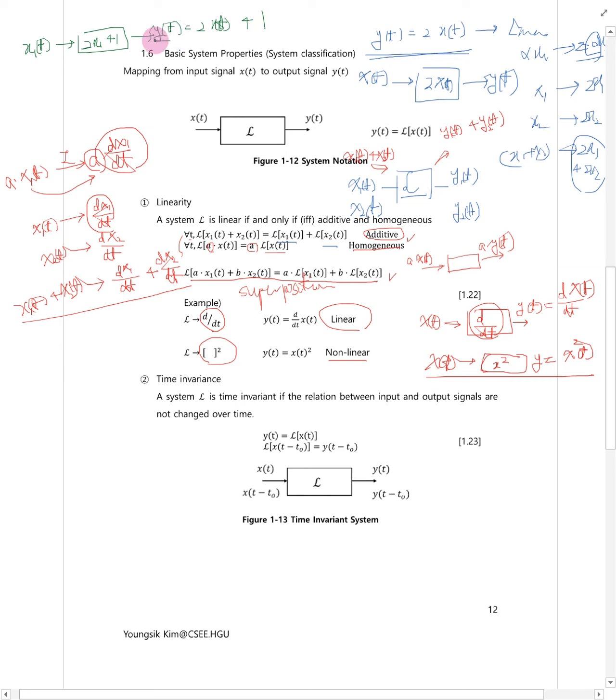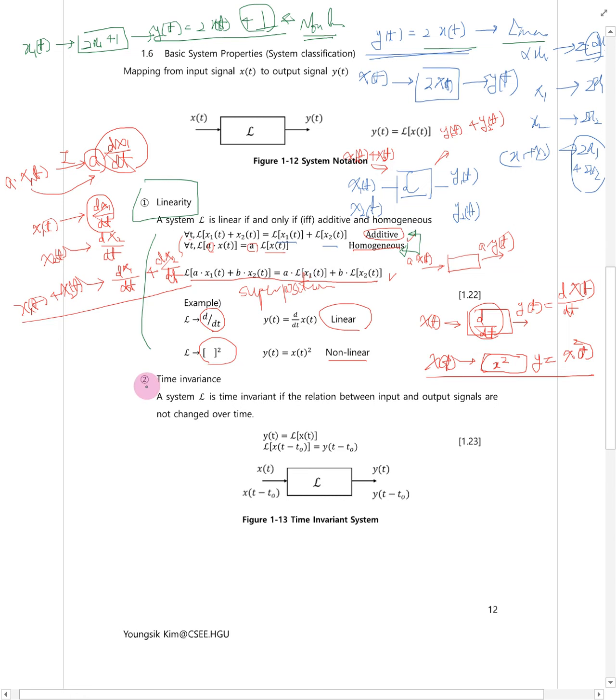Try checking this one, and it becomes nonlinear, because of this offset. If there is no offset, it's linear, but with an offset, it's a nonlinear function. So the definition of linearity does not depend on the shape of the function, but on additivity and homogeneity.